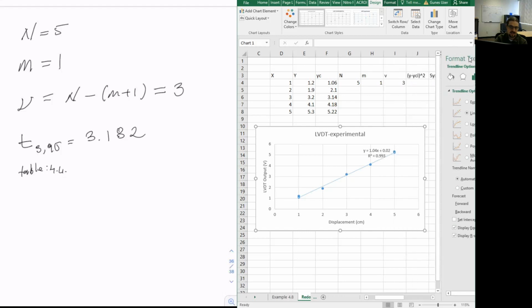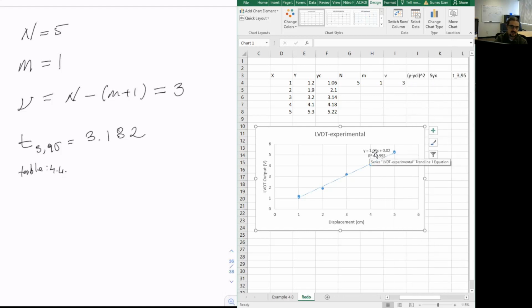So you do that, and what happens is that here's your polynomial. Since our polynomial was first order, our yc is going to be a0 plus a1 times x. So the a0 in this case was 1.04, which I see right there.